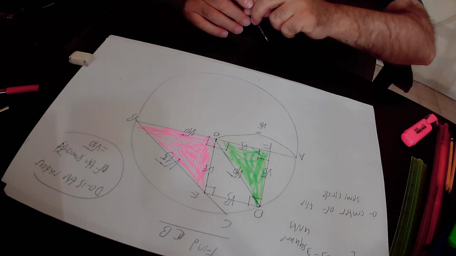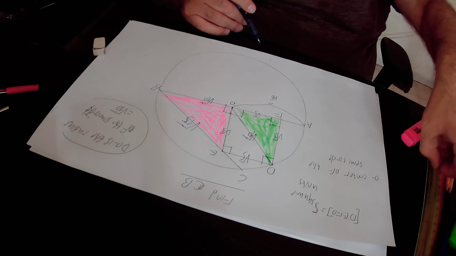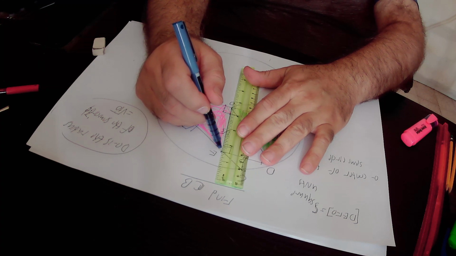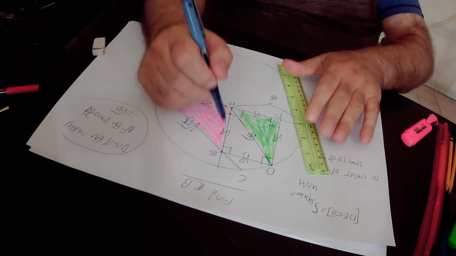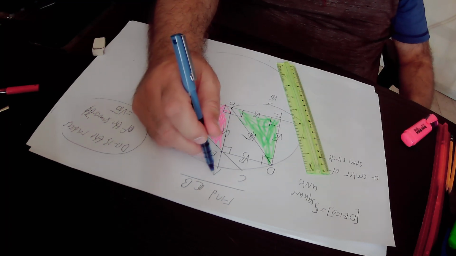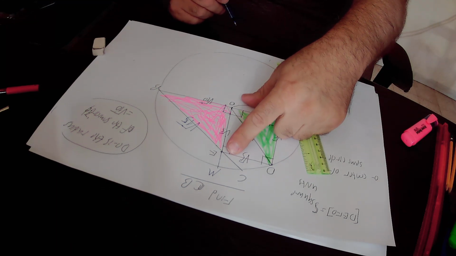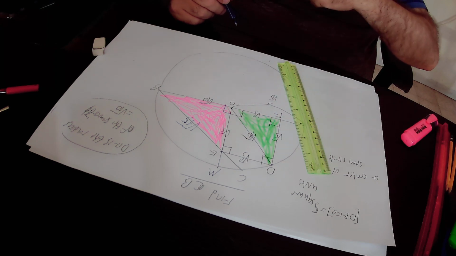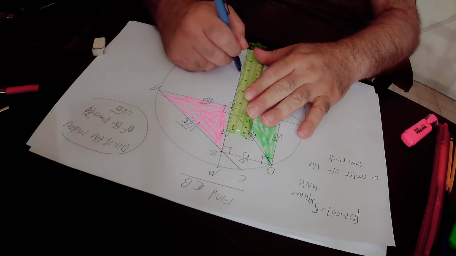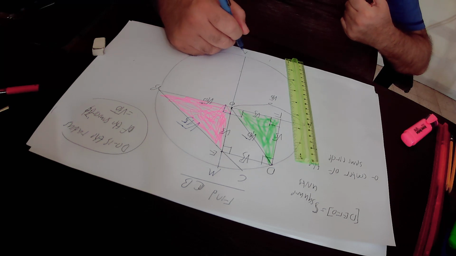That is to say, we will extend line segment OE towards the upper side of the circle by a straight line until it touches the circle, and we will define the touching point of the extended side OE in the circle as point M. In the next step, we will extend line segment EO towards the lower side of the circle until it touches the circle, and we will define the touching point of the extended line segment EO in the circle as point N.